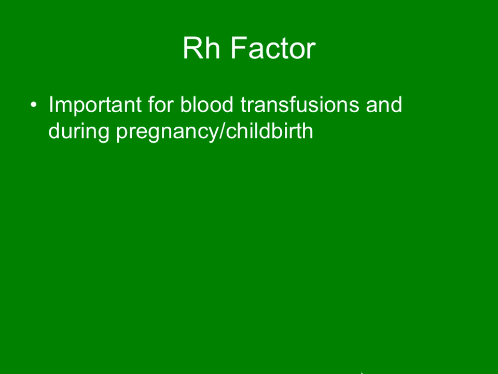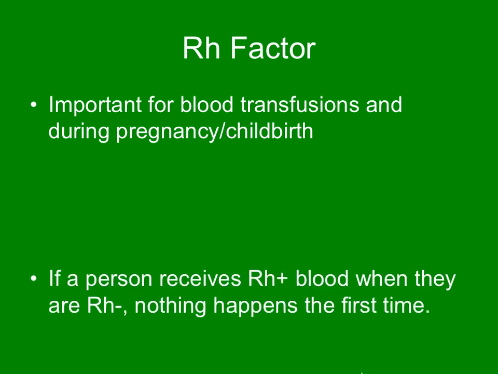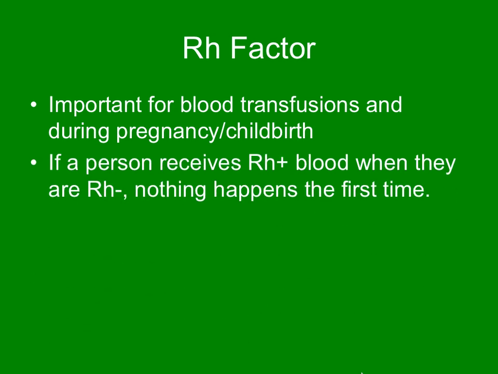Now, with a blood transfusion, it has to be that you are Rh negative. If you're Rh positive, you will never get a transfusion reaction. But if a person is Rh negative and they get Rh positive blood, the first time, nothing happens.